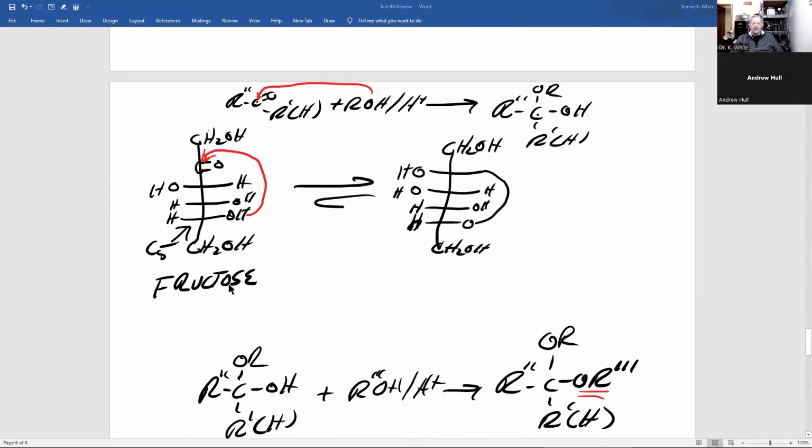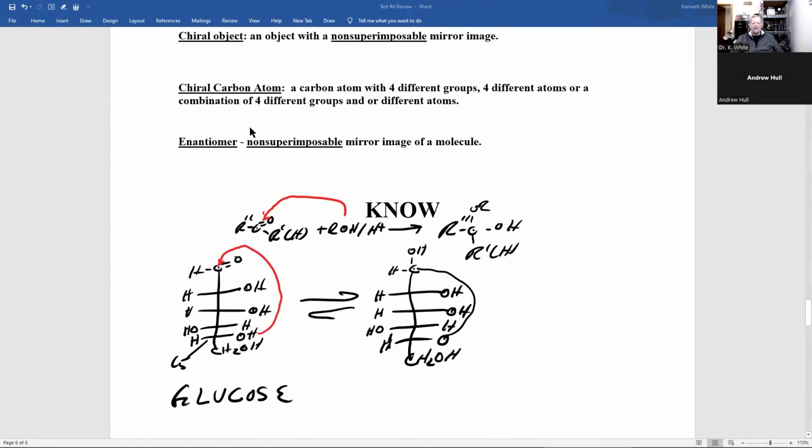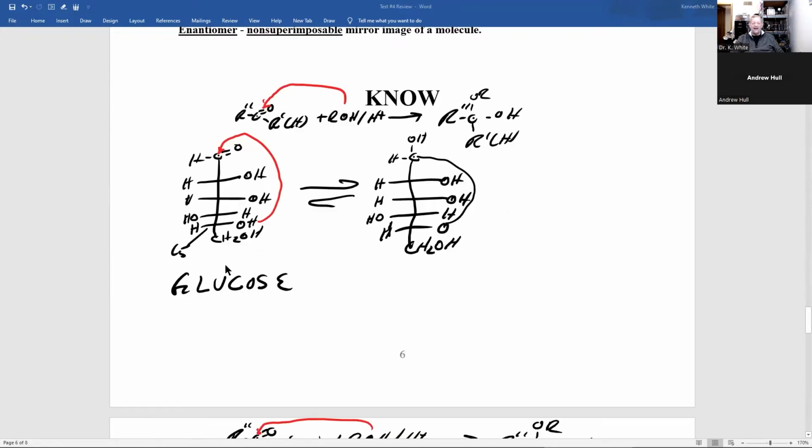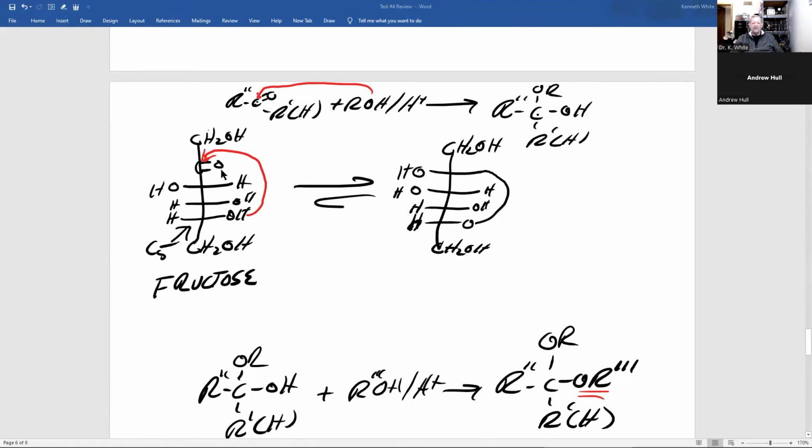Same thing for fructose. By the way, glucose has an aldehyde. Fructose, the sweetest sugar, has a ketone. This carbonyl reacts with this alcohol, same reaction, to form a hemiketal, and everything else doesn't change.